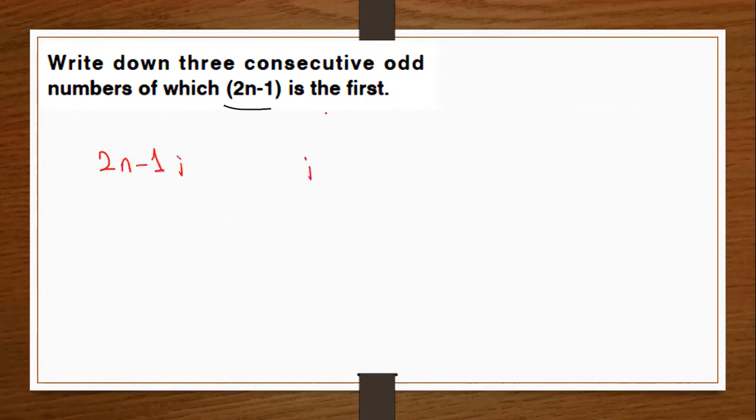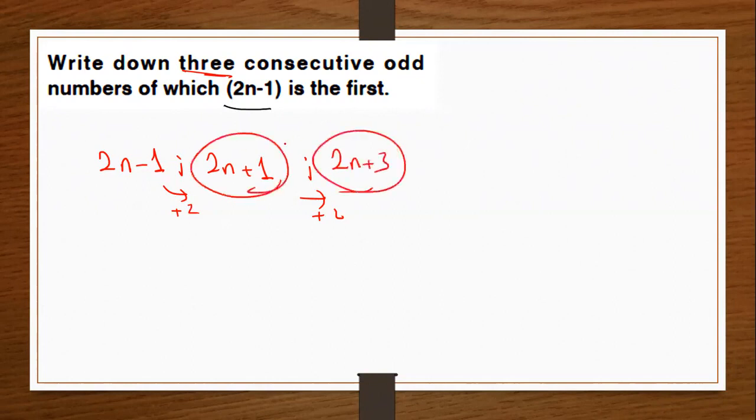You said 3 numbers, so this increases by 2, and this will increase by 2. 2n minus 1 plus 2 is going to be 2n plus 1. 2n plus 1 plus 2 is going to be 2n plus 3. So these are going to be my next two numbers.